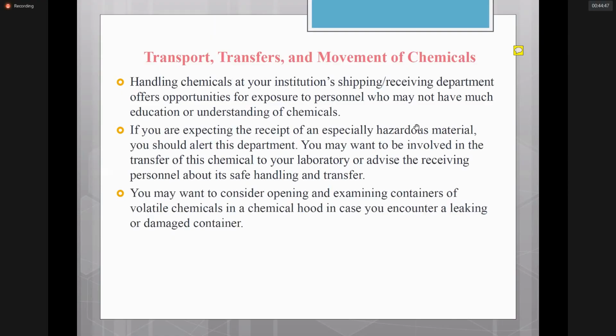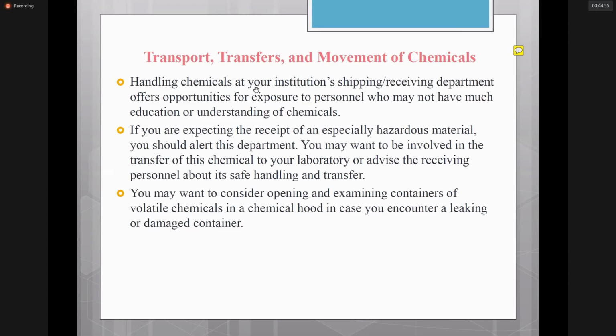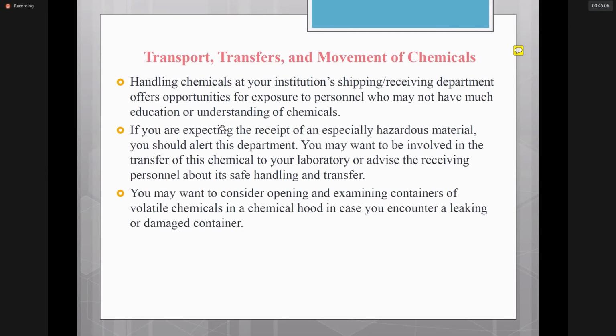Transfer, transport, and the movement of chemicals. How can we transfer the chemical? Handling chemicals at your institution, a shipping or receiving department may or may not have much education or understanding of chemicals, specifically personnel who are not specialists or professionals in the field of transporting chemicals. So if you are expecting the receipt of an especially hazardous material, you should alert this department.